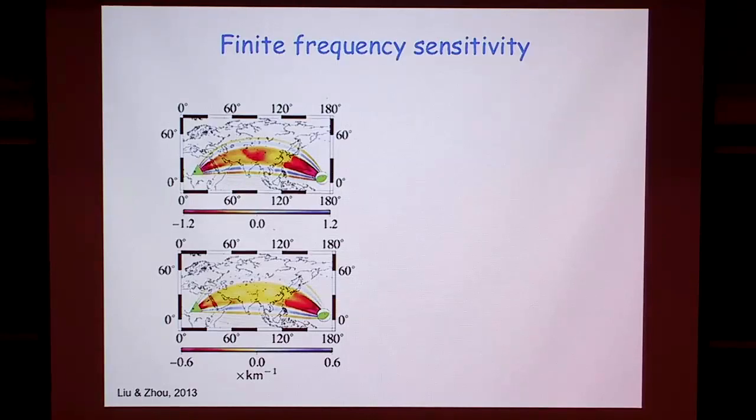I prefer to do this by hand waving than by showing anything, because I haven't found the right slide to show this. But if you have a slow anomaly and you have waves going through it, and you're in the infinite frequency, ray theoretical approximation, if you go right through the anomaly, you're going to see a slow velocity anomaly, right? You're going to see a travel time that's delayed by the passage through this anomaly.